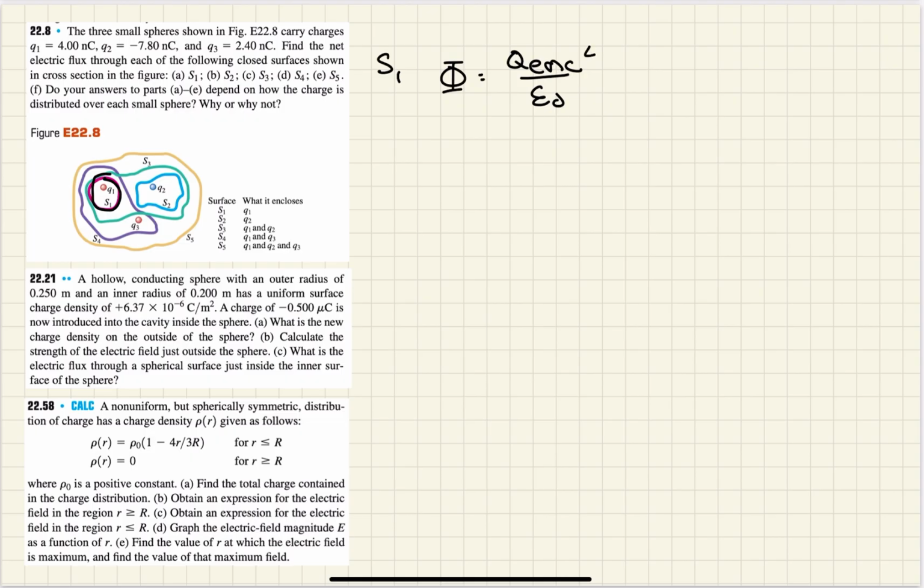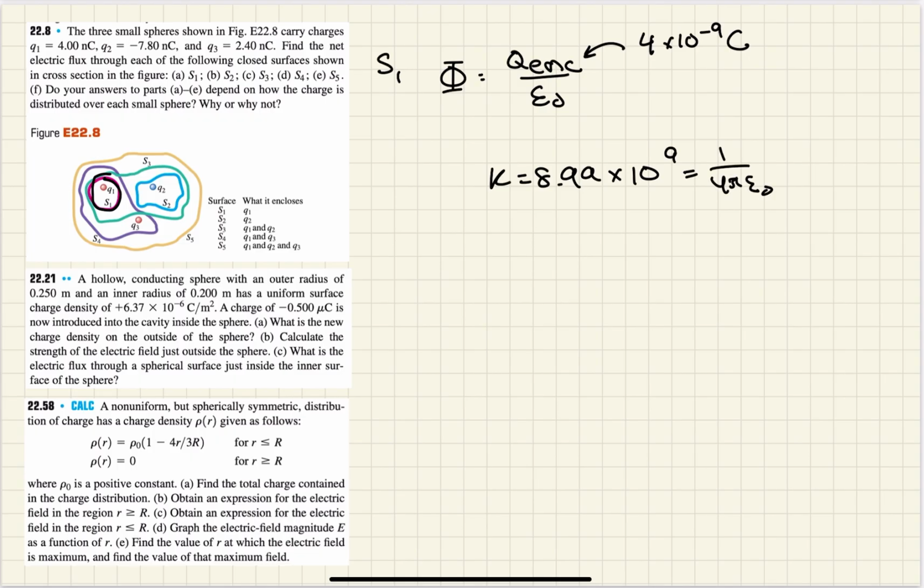In this case, the enclosed charge is just 4 times 10 to the power of negative 9 coulombs, divided by epsilon naught. And epsilon naught you can calculate because you know k is 8.99 times 10 to the power of 9, which equals 1 over 4 pi epsilon naught.